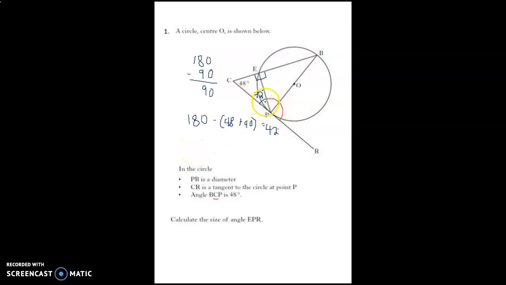So to get this angle in red, I'm going to have to do 180 minus 42. And when I do that, I'm going to get 138. So I get 138 degrees, and that is my angle EPR, 138.